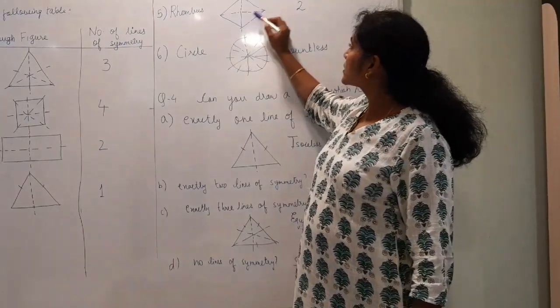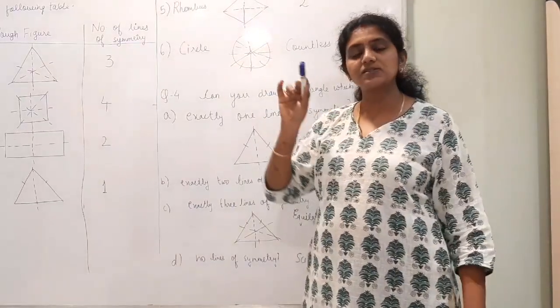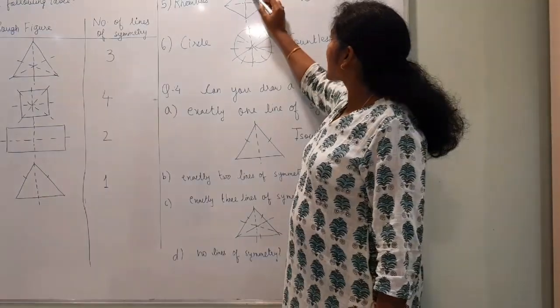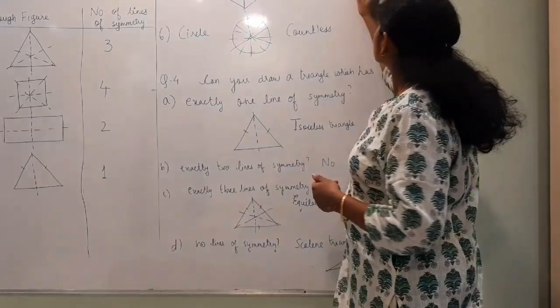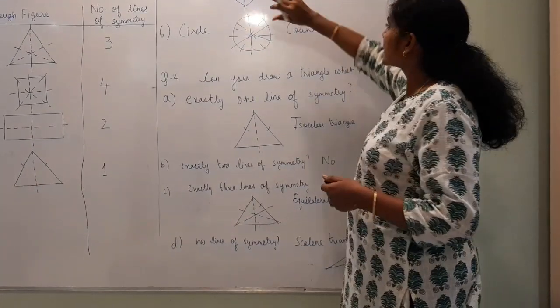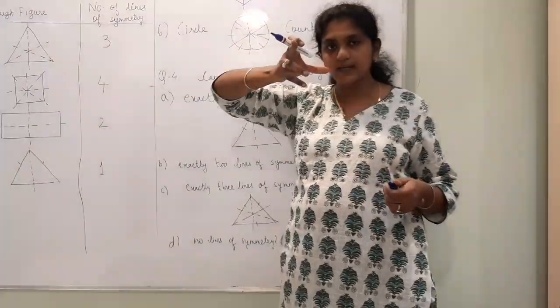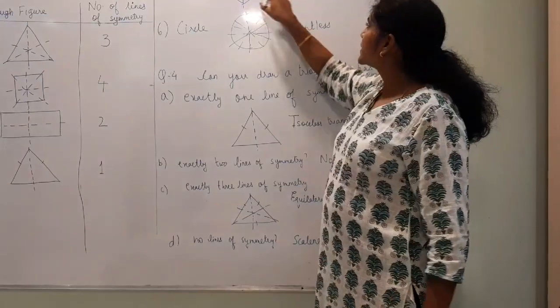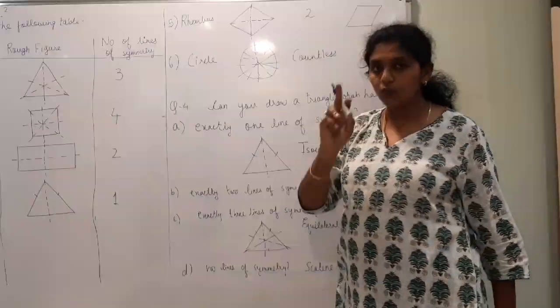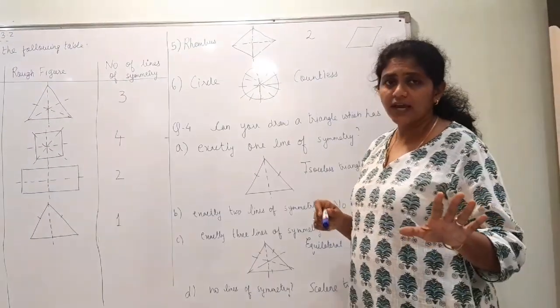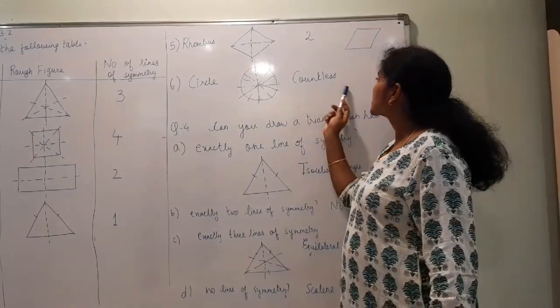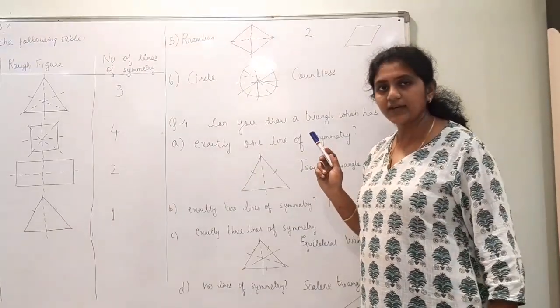But these angles are not 90 degrees. So that is a rhombus. All angles are not 90 degrees. It can be like this also. So I have drawn this vertically. So the number of lines of symmetry will be 2. Then is circle. In a circle there can be many lines of symmetry. So it is countless. Right?